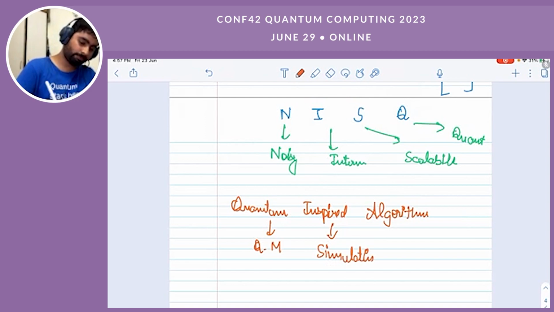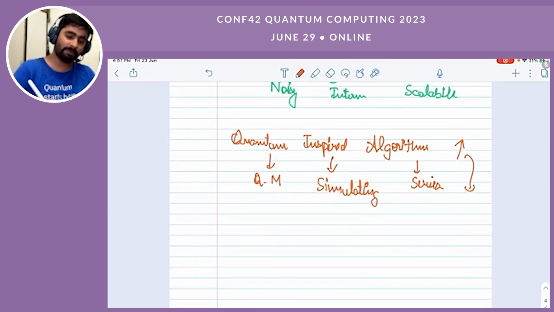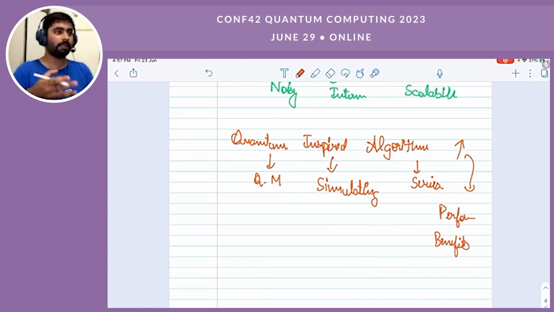And algorithms, again, is a series of steps. So basically, when we say quantum inspired algorithms, we are talking about algorithms which simulate some quantum mechanics principle to get a performance benefit. It wouldn't make sense if you don't get any kind of performance benefit. So we are talking about performance benefits that go along with the algorithm.